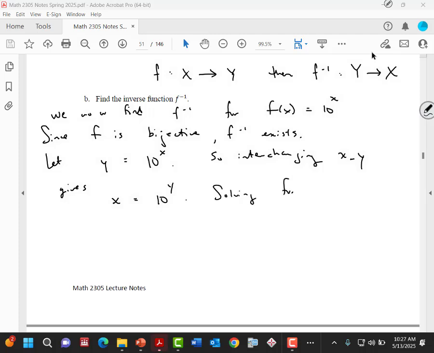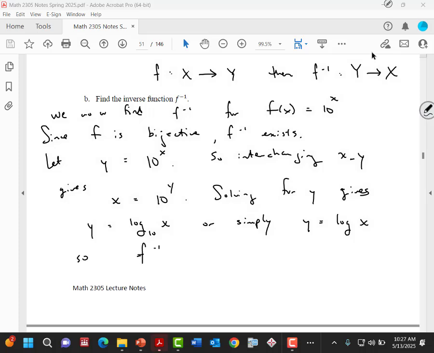Solving for y gives y equals logarithm base 10 of x, or simply y equals log x.